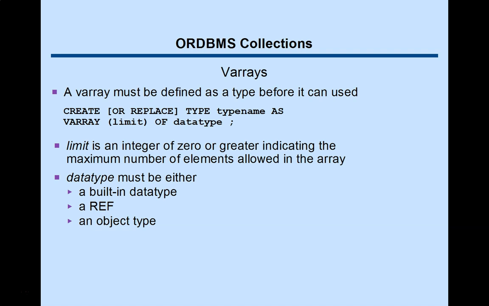So the limit is an integer of 0 or greater, indicating the maximum number of elements allowed in the array. The data type could be a built-in scalar data type. It could be a ref, indicating it's a reference to some object somewhere. We could have a collection of these references. Or it could be an object type, a user-defined type.